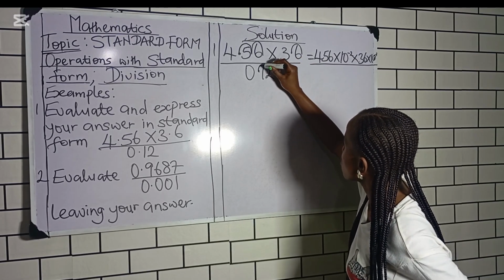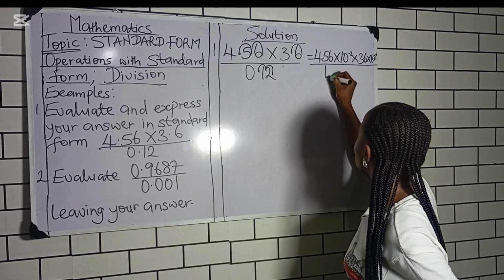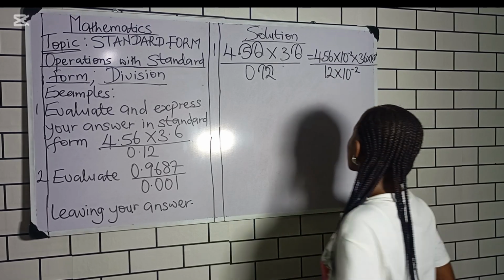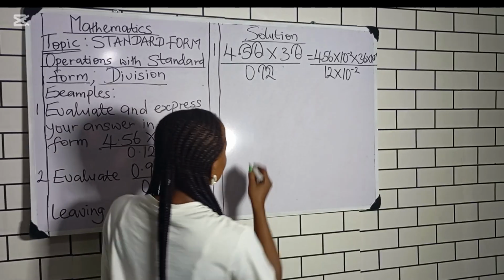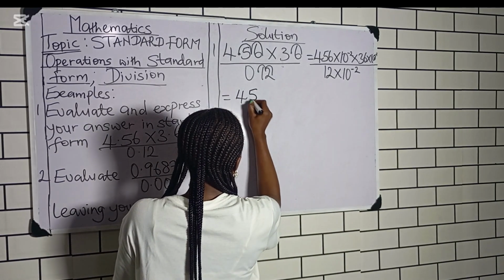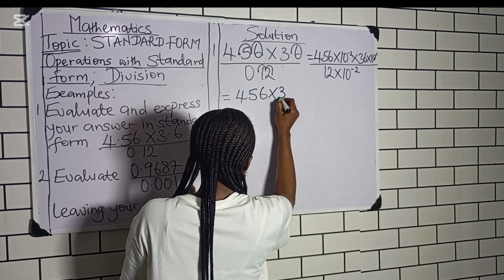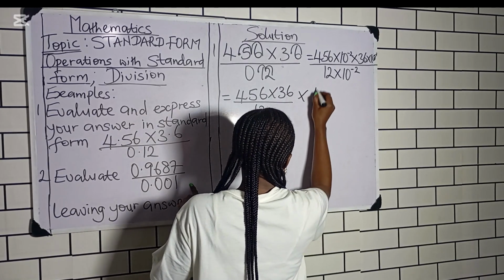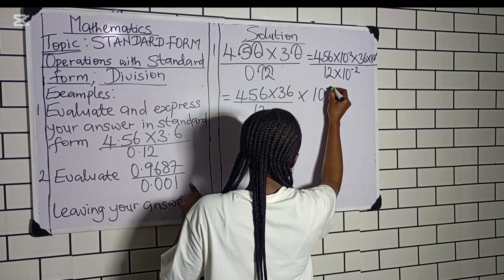Therefore, we count 1, 2. This will give us 12 times 10 raised to power minus 2. Now this equals 456 times 36 all over 12 times 10 raised to power minus 2.